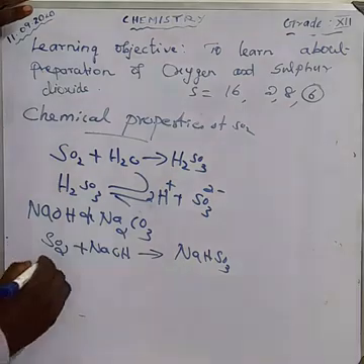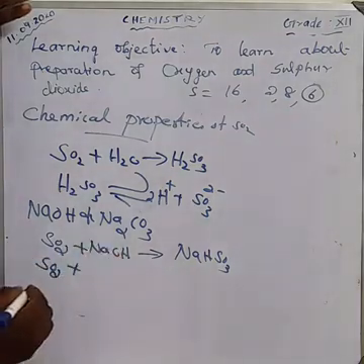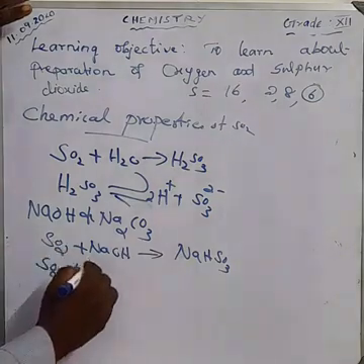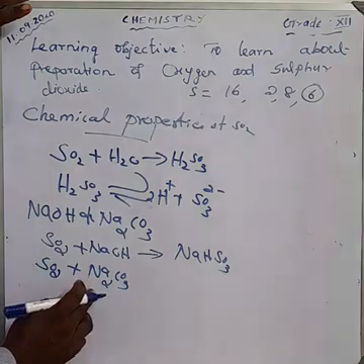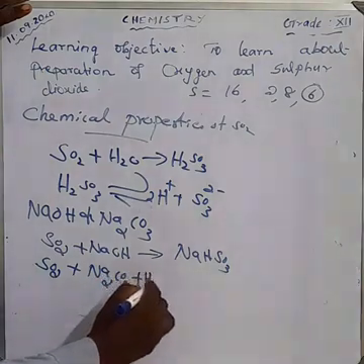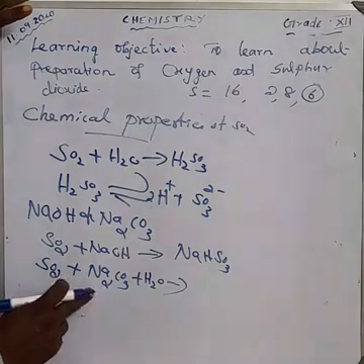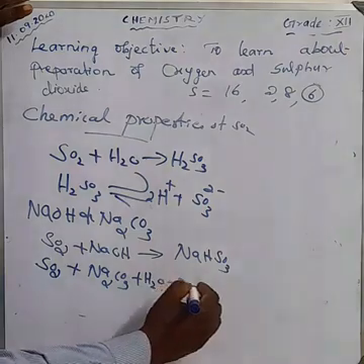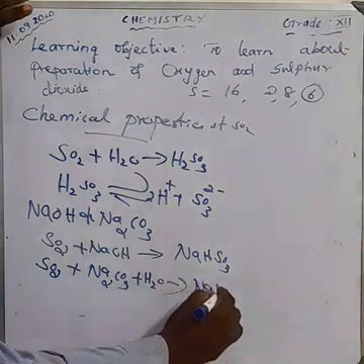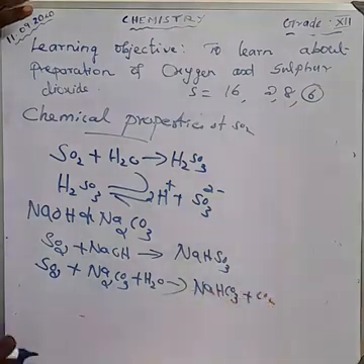Next, sulfur dioxide reacting with sodium carbonate. The formula is Na2CO3 solution, and water is here. Sulfur dioxide reacts with sodium carbonate in the presence of water, and we get sodium bisulfite, NaHCO3, plus carbon dioxide.